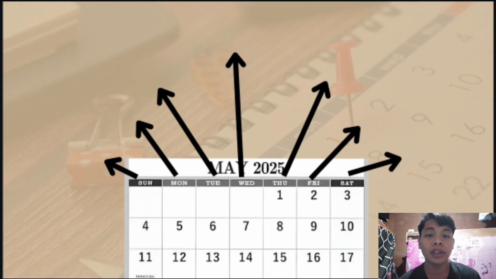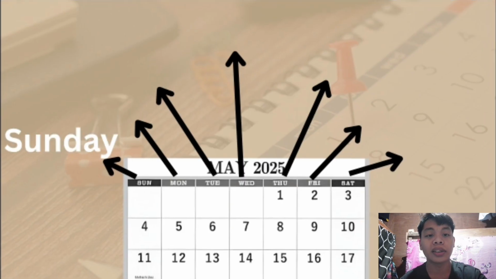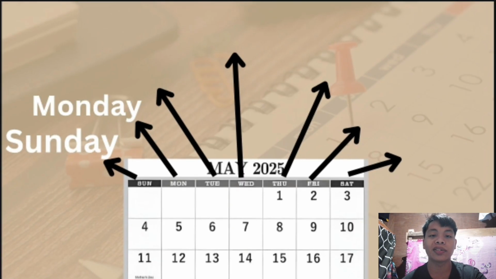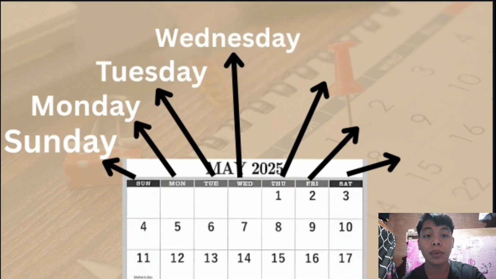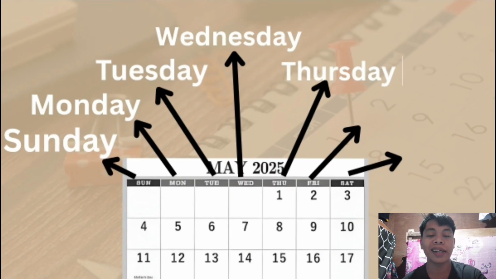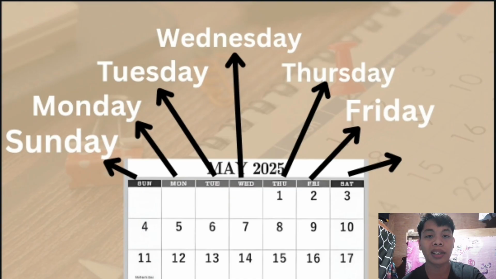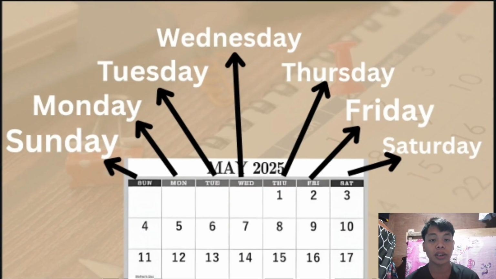So SUN stands for Sunday, and then MON stands for Monday, TUE or TUES is Tuesday, WED stands for Wednesday, THU stands for Thursday, FRI is Friday, and SAT is Saturday. So these are the abbreviations of the days of the week.